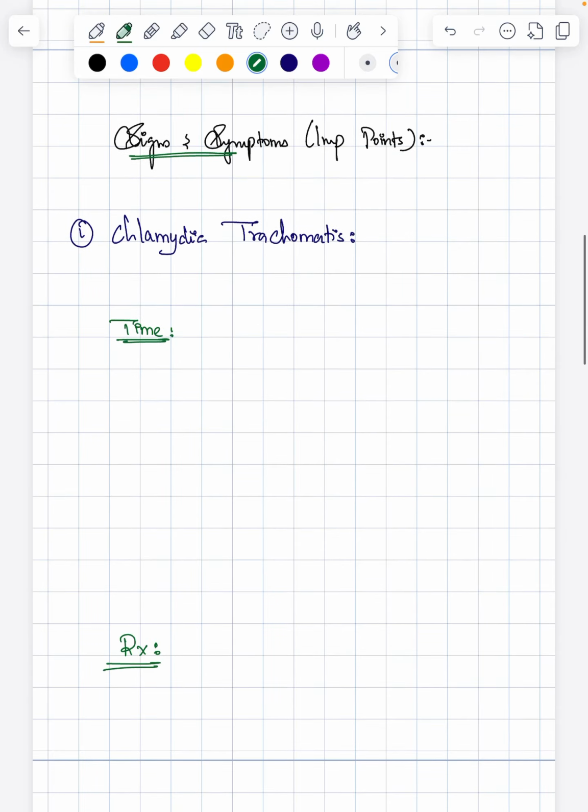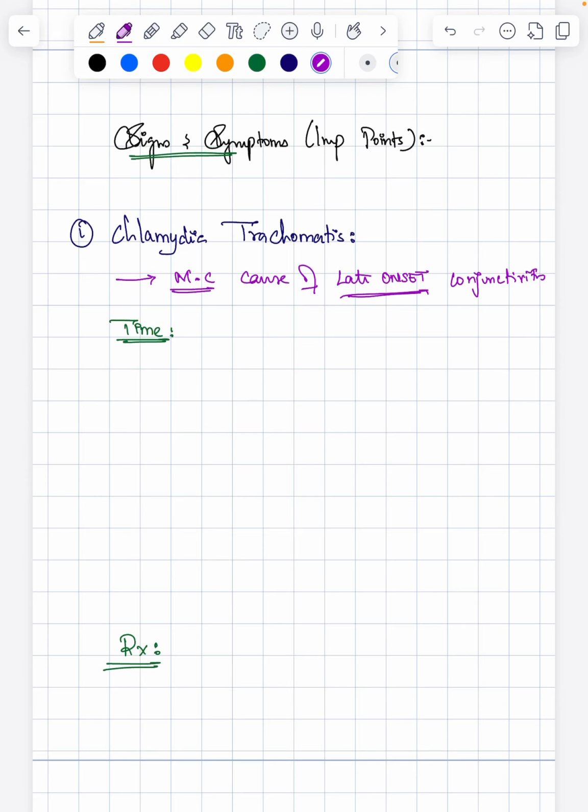First, Chlamydia trachomatis is the most common cause of late onset conjunctivitis. What is the time of appearance of the symptoms?